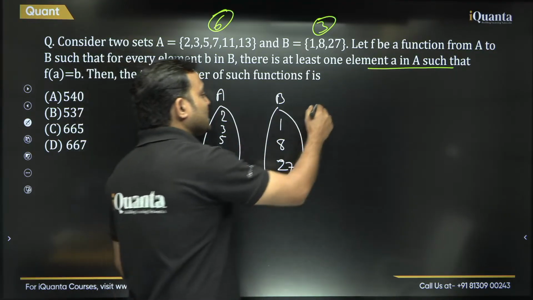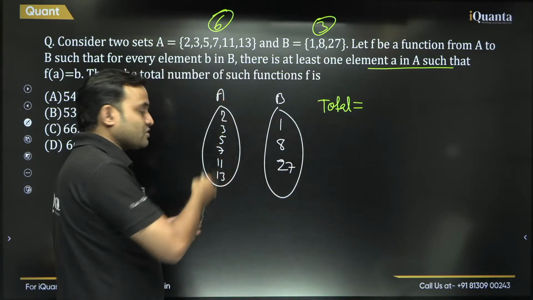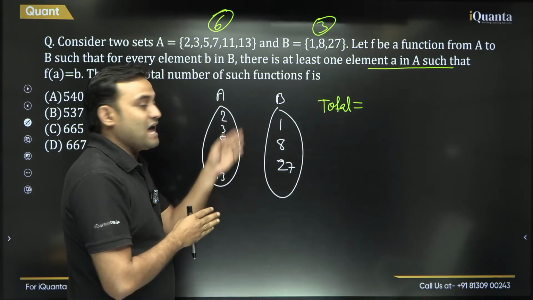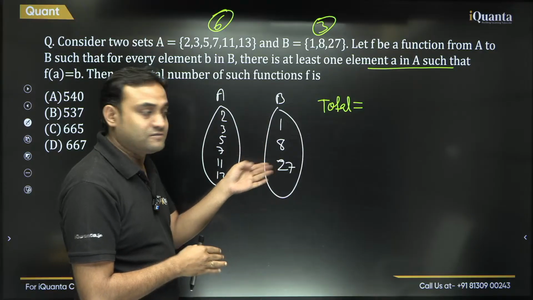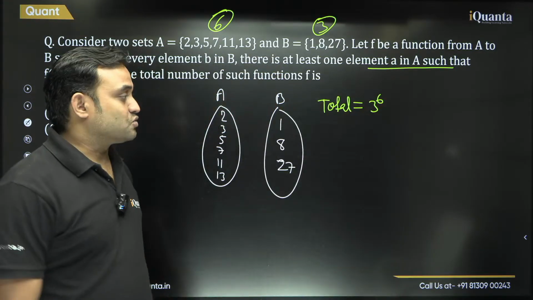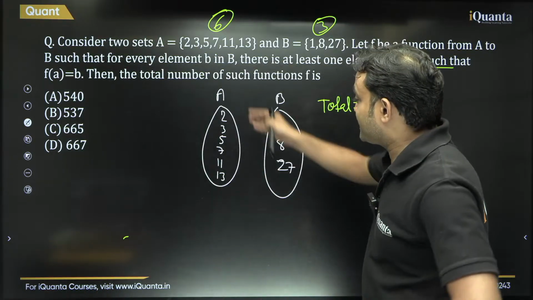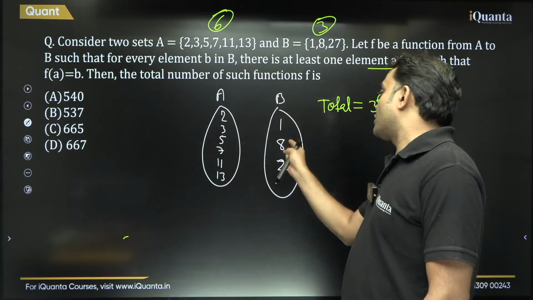So total number of functions, we can say every element in A can have 3 different outputs, right? So 3 to the power 6. This is total number of cases possible where we can assign each of these as output here.